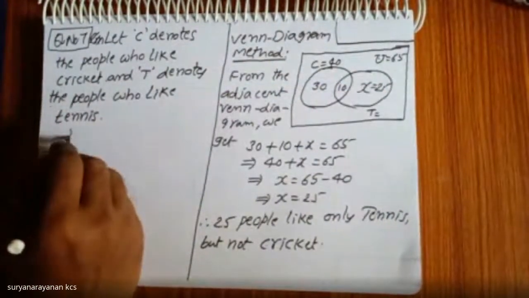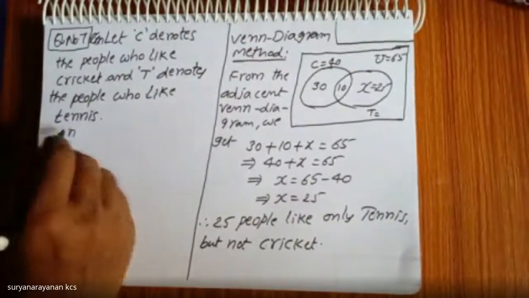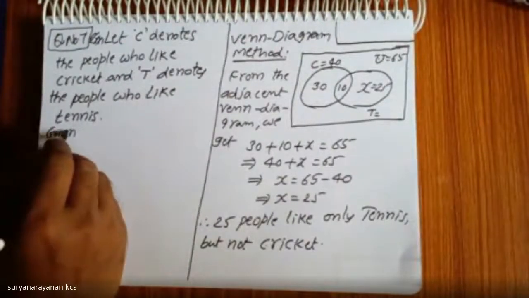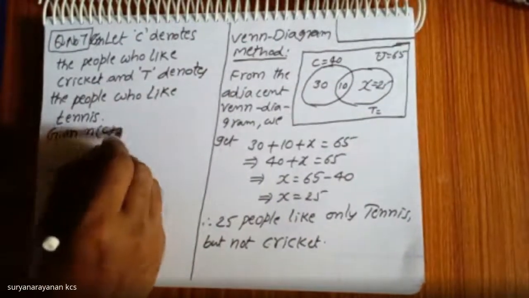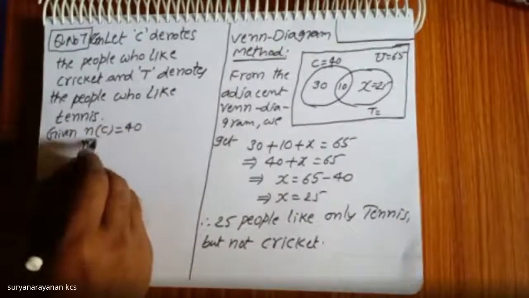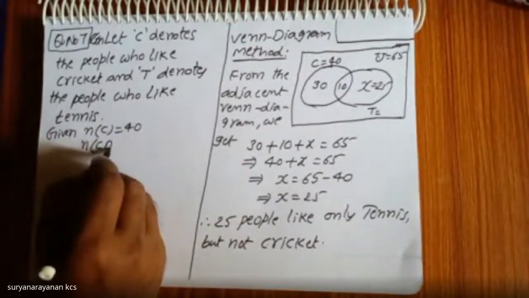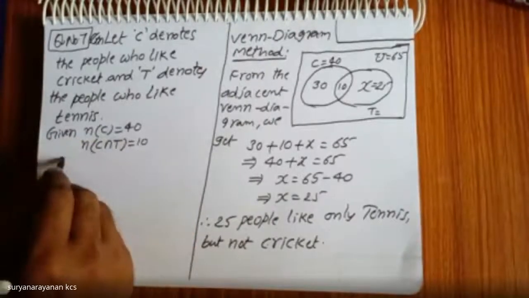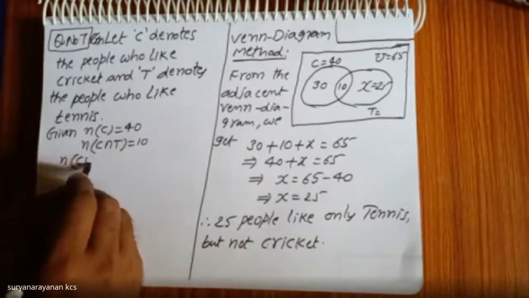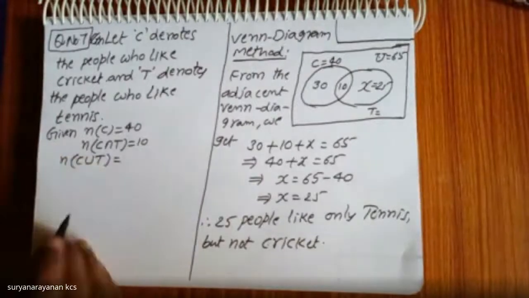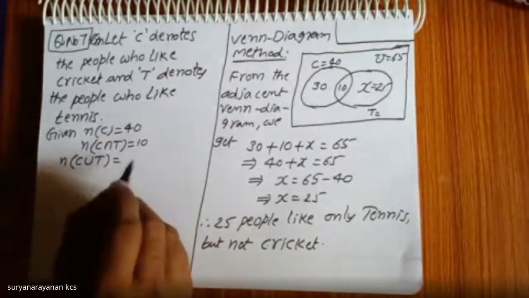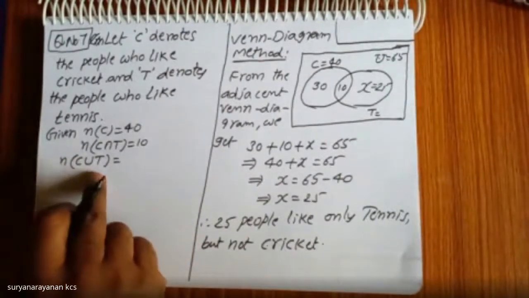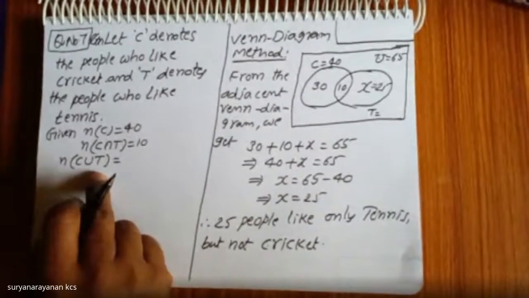Now I will tell you. Given n of C is equal to 40, n of C intersection T is equal to 10, n of C union T is equal to 65.